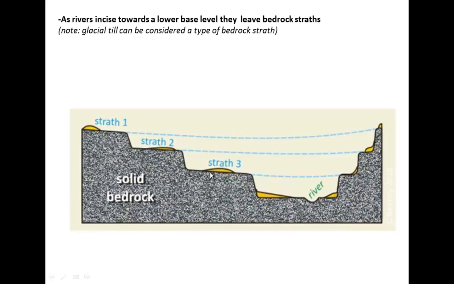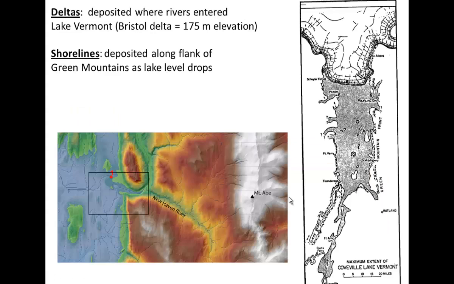Then they'll cut down again, abandon that, and so on. And so as they cut down, it's leaving behind these strath terraces. And these are recording where the bottom of the riverbed was at different points in history. And it's going to allow us to reconstruct the incision history of the river. So we'll see a lot of strath terraces in Middlebury Gorge.